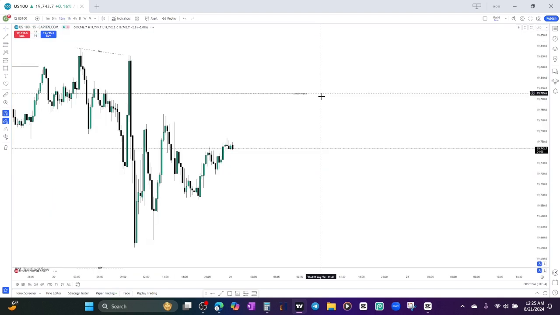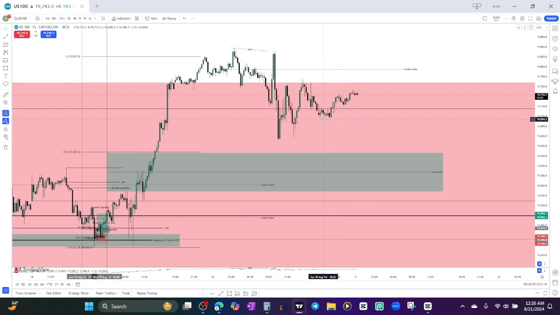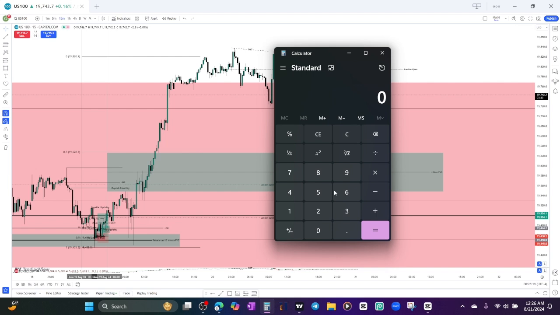I'm not tripping. Because you got to think this is a small account. But if we had a $10,000 live account or a prop firm account of 50,000 or 100,000, one of these trades would pay for my monthly expenses, right? Let's do some hypothetical math. Let's say 5% of a 100,000 or 150,000 prop firm account, which I think allows you to lose 4,500. 5% of that is 225.